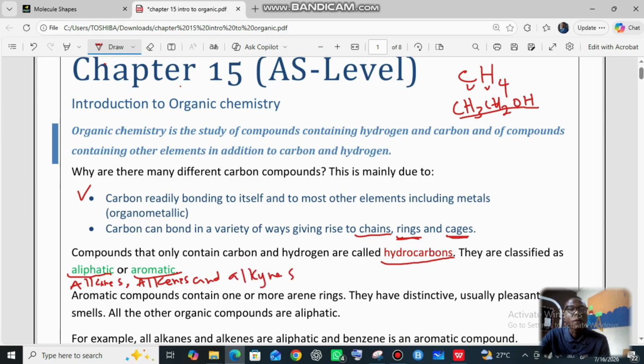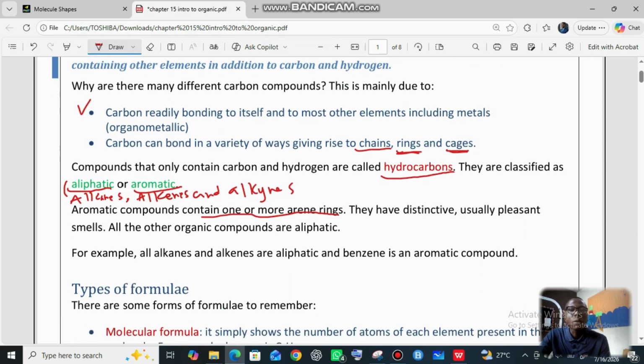This is a group of organic compounds referred to as aliphatic. Aromatic compounds contain one or more arene rings, more like a benzene ring, so they contain one or more benzene rings. Such compounds are referred to as aromatic compounds.